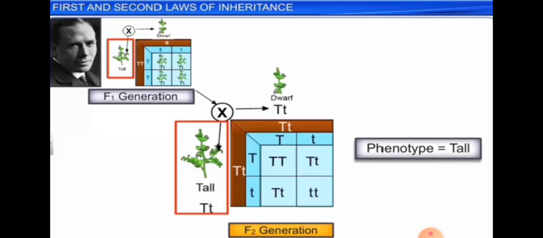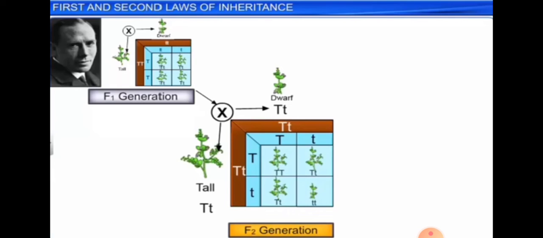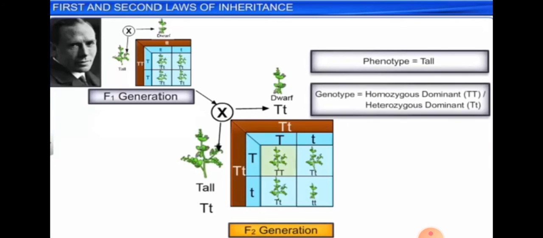However, by just looking at the phenotype of the plant, it is not possible to predict its genotype. Now we cannot say whether the tall plant of the F1 or F2 hybrid is homozygous dominant, that is capital T capital T, or heterozygous dominant, that is capital T small t.